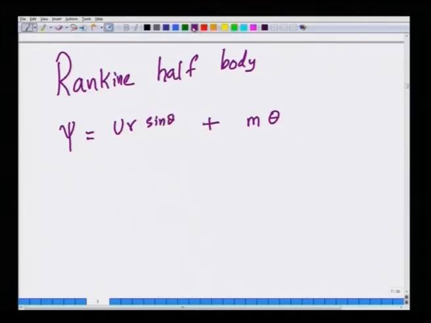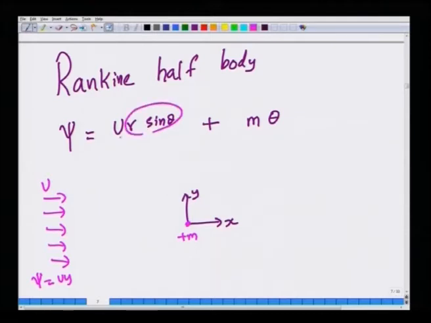Let me draw the coordinate directions: x, y, a source of strength m at the origin, and far away a uniform flow in the plus x direction of velocity u. The uniform flow has stream function u y, where y is r sin theta, and I am adding it to the source at the origin.